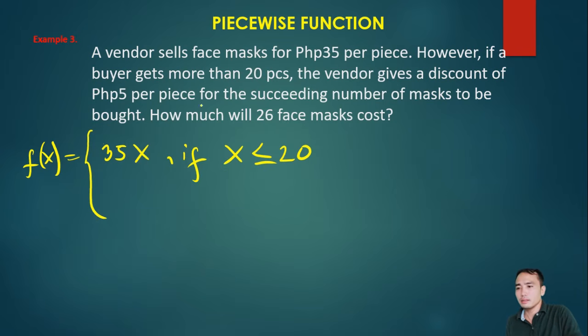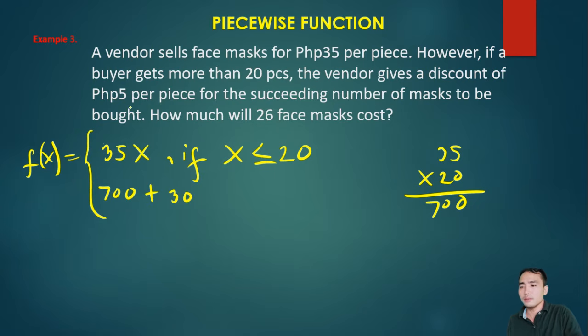And then, yung kanina, that is 900 or 700, kasi nga 35 times 20 is 700. Okay, 700 is our constant plus 30.